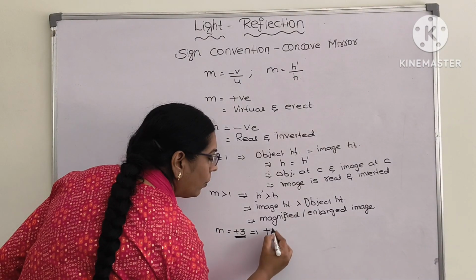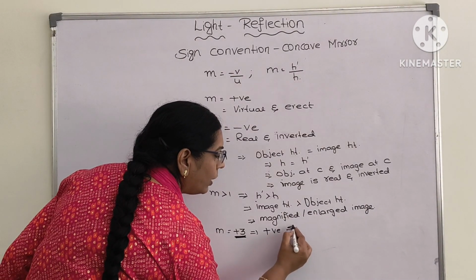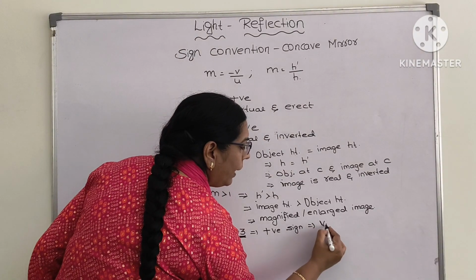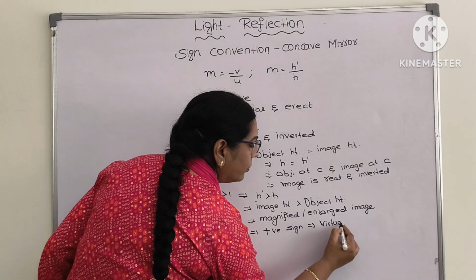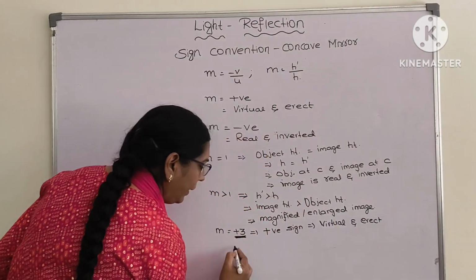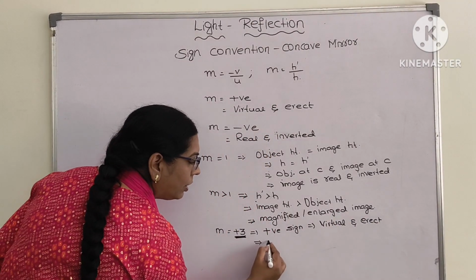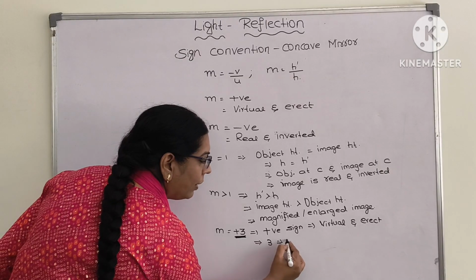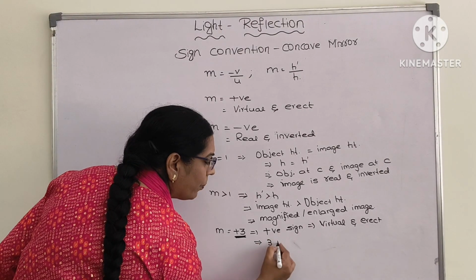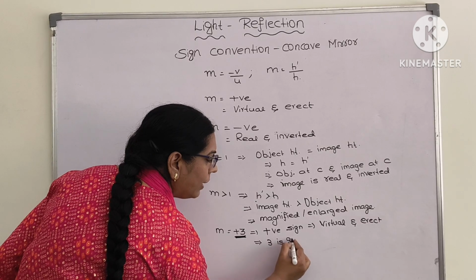The positive sign means it is virtual and erect. And 3 means it is greater than 1.